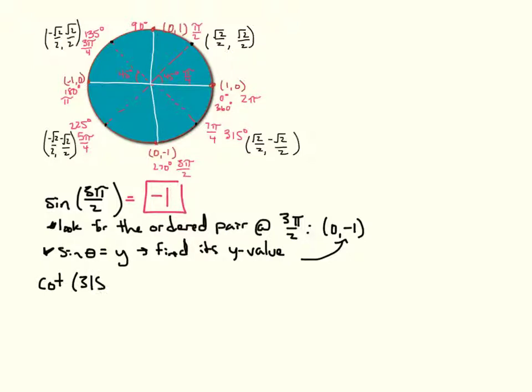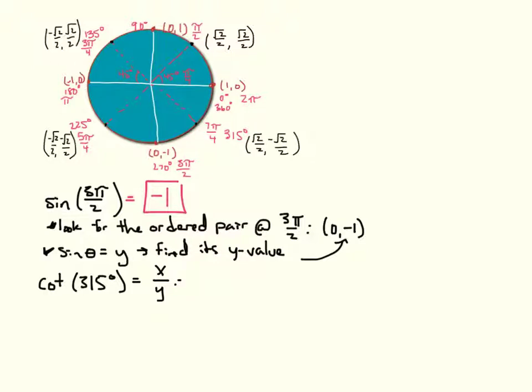Okay, so let's try that whenever we're looking for the cotangent of 315 degrees. I find the coordinate at 315 degrees. The coordinate is square root of 2 over 2, negative square root of 2 over 2. I know that the cotangent is the x value over the y value.